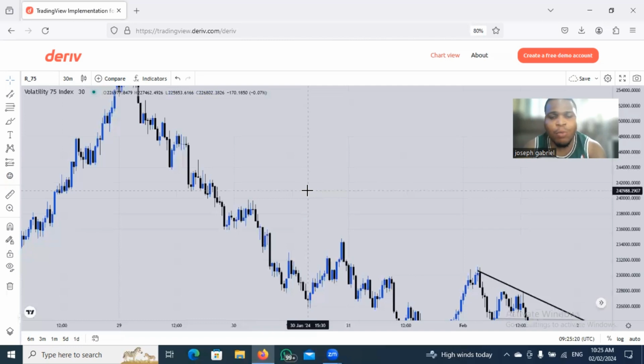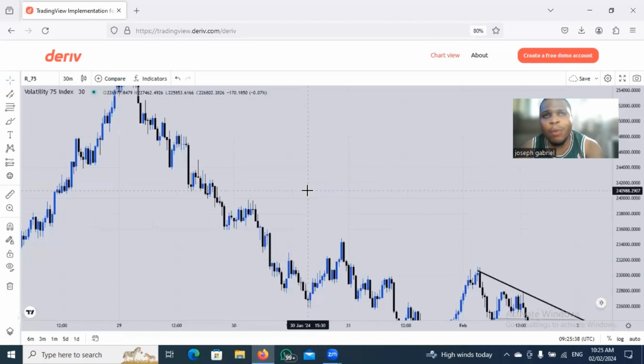Please don't jump into the market if the time frames are not colliding. It's better you wait for the lower time frame to confirm with the higher time frame.